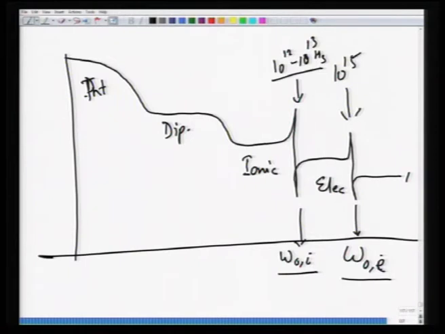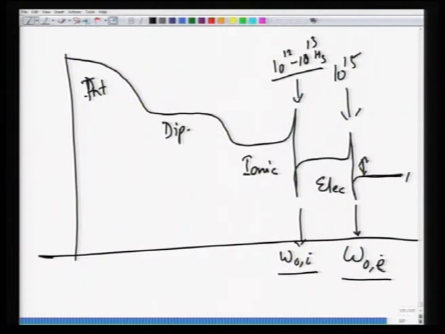What happens here is that above 10 to the power 15 hertz, since the frequency is too high, no charges will respond. As a result the dielectric constant will remain 1, as if there was no dielectric present. The moment the frequency goes below 10 to the power 15 hertz, the charges at the electronic level start to respond, and you have some contribution to the dielectric constant.